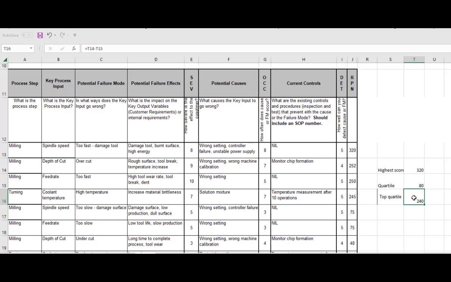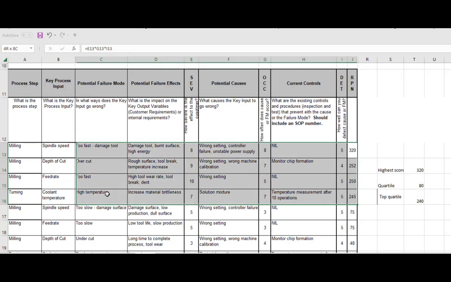So it means that any input that has a score above 240 will be chosen for the following stage. So in this example, these are the top inputs that we will bring to the following stage.